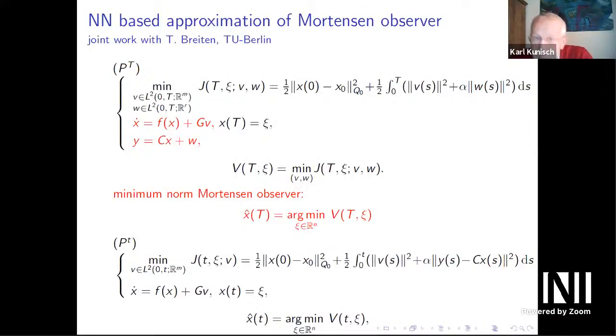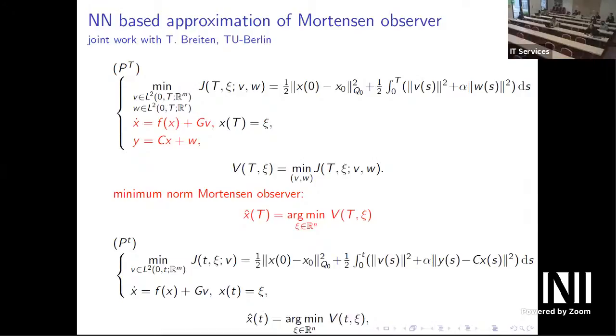This ends this part, and I would like to say that the appearance of HJB equations is not only in the context of optimization and optimal control, but also in observers. In all of the above, I have assumed that I can look at my state and then feed it back.